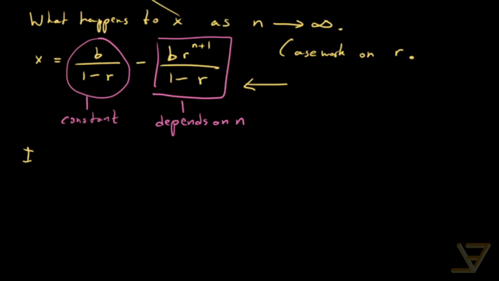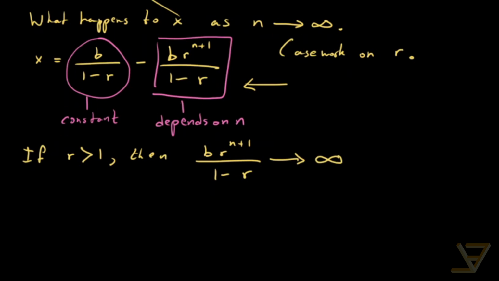So we can see that if r is greater than 1, then b times r to the n plus 1 over 1 minus r goes to infinity, because the bottom is constant, but the top here will go to infinity. So we have divergence.